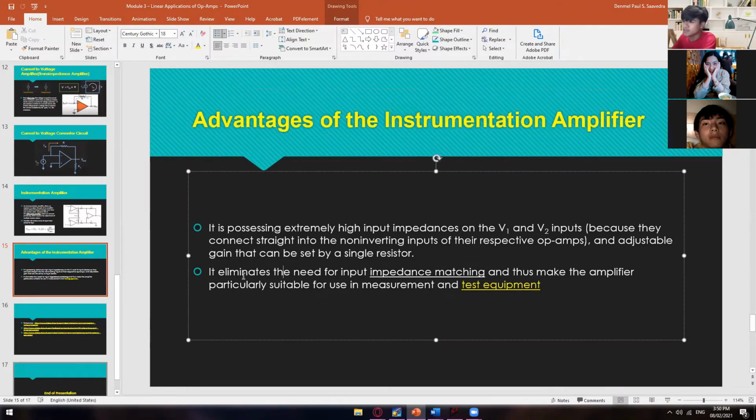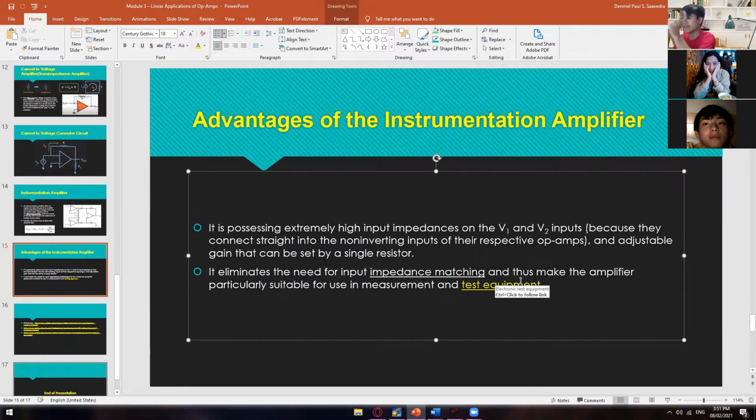Second, it eliminates the need for input impedance matching. Before, we were worried whether this would be good enough to match, let's say, voltage to current delivery or current to voltage delivery. In here, you don't need to mind that. No matter how high the impedance is on your input, it's okay for your output.